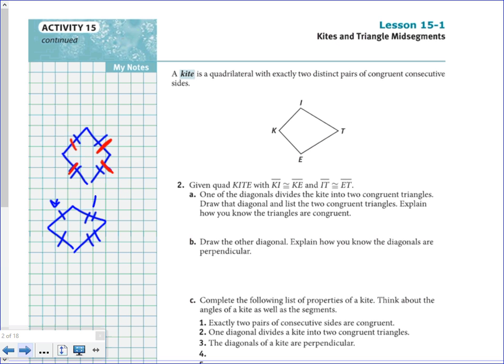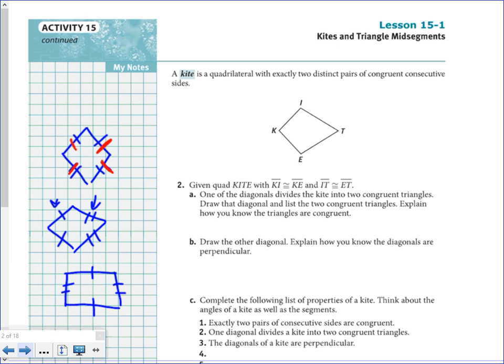These pairs cannot be the same. That's what it means when it says two distinct pairs. That's what creates a kite. And they also have to be consecutive. So if I have this side, and then this side and this side that are congruent, those are not consecutive. That's not going to create a kite. So that is a kite.